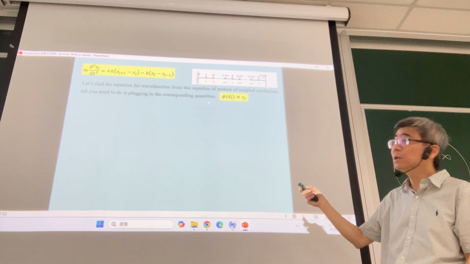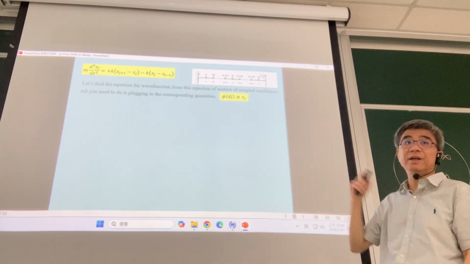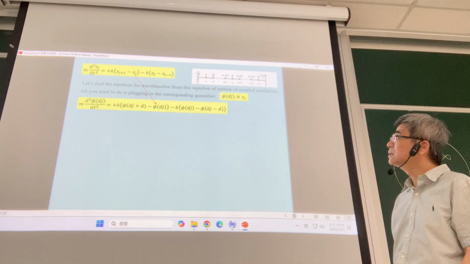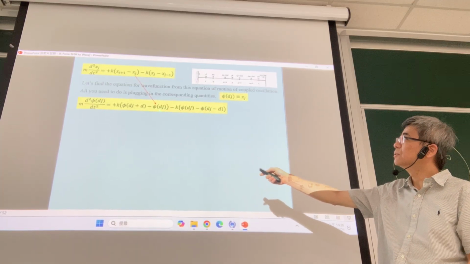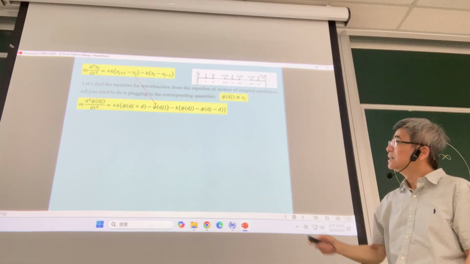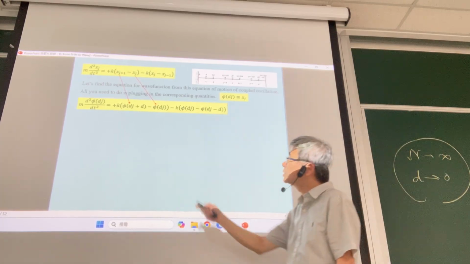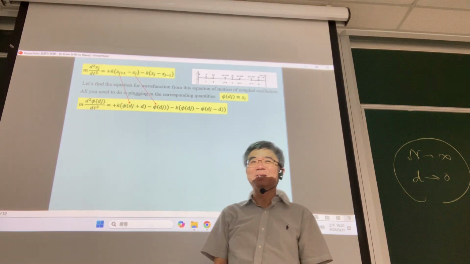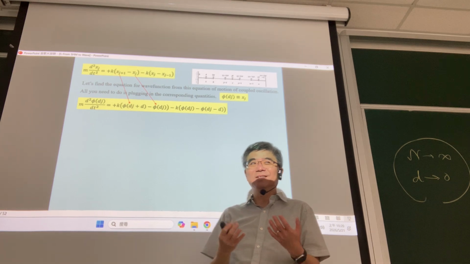By corresponding quantities, I mean xj corresponds to phi dj. This xj plus 1 will correspond to phi dj plus d. Is that okay with everybody? Actually, that's the only significant step in this derivation.